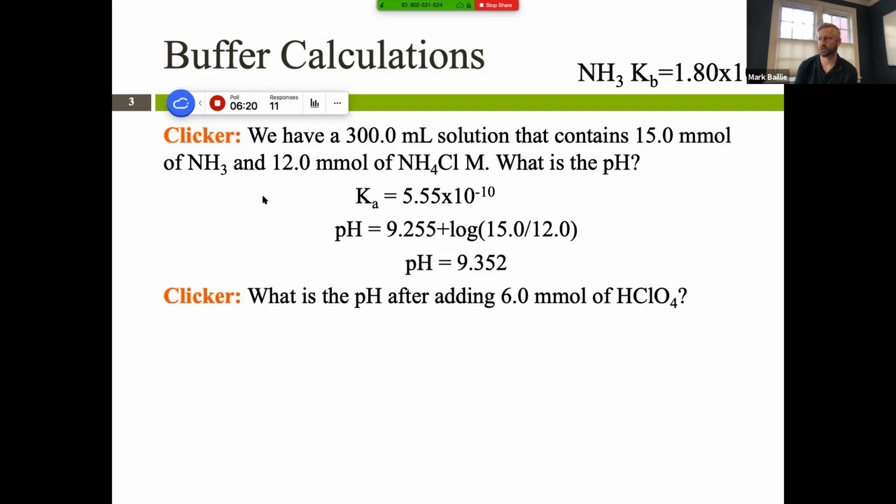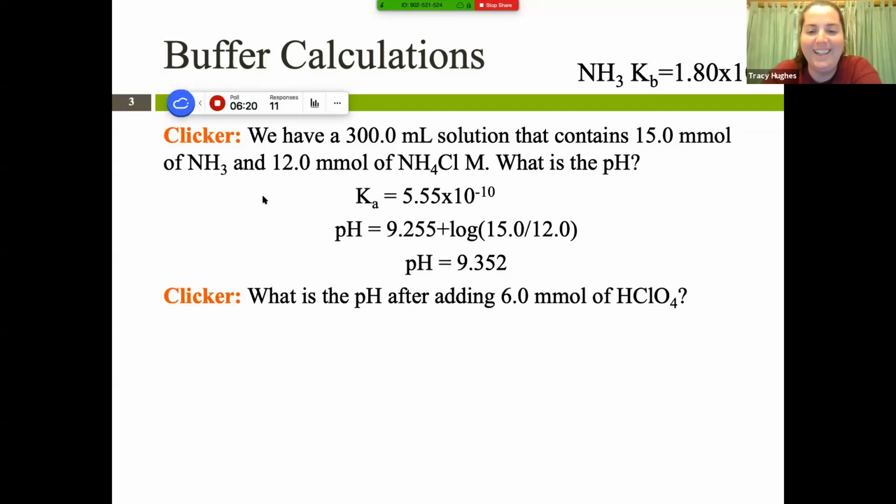When you're saying you saw the perchloric acid and you need to do an ICF table, what did you see about perchloric acid that made you think that? And what do you mean ICF table? Well, we were adding millimoles to our buffer. So what?